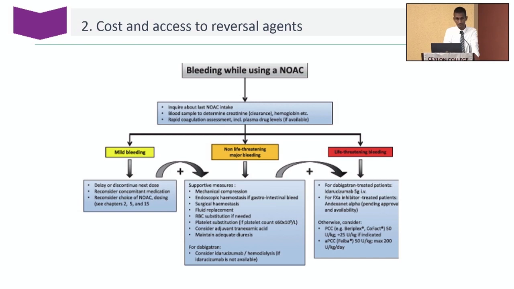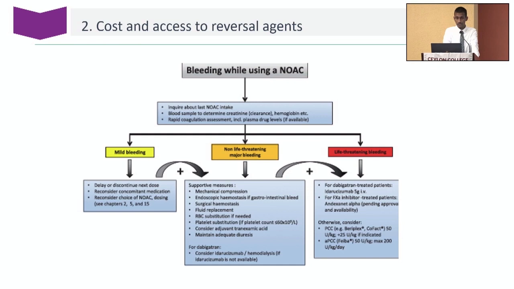If it's not minor, anything significant, obviously you'll try your supportive measures by fluid resuscitation, blood replacement, platelet replacement if required, involve the surgeons and the radiology team to see if there's any local compression or something you can do.